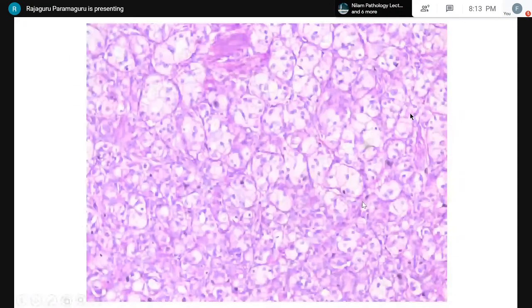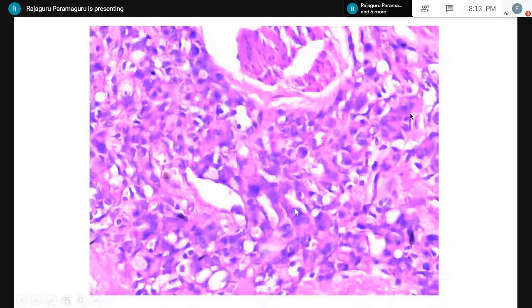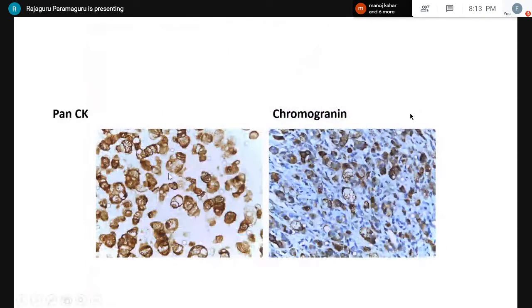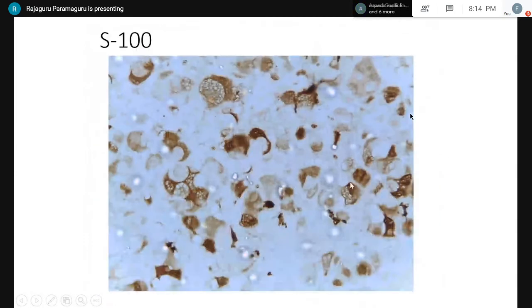Here you see cells with abundant cytoplasm and a peripherally located nucleus. These are different from those other cells. When IHC was performed, these epithelial cells were positive for pan cytokeratin and chromogranin, and S100 was positive in those cells with abundant cytoplasm. These are mainly the ganglion cells.